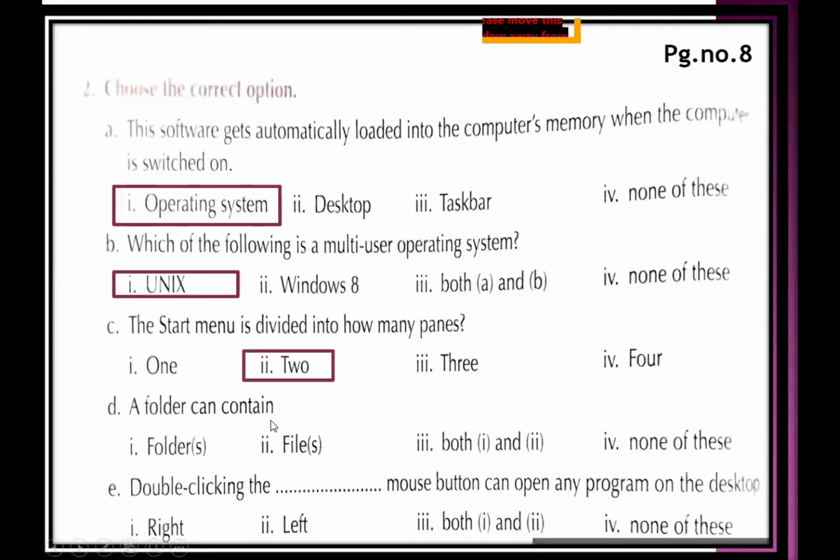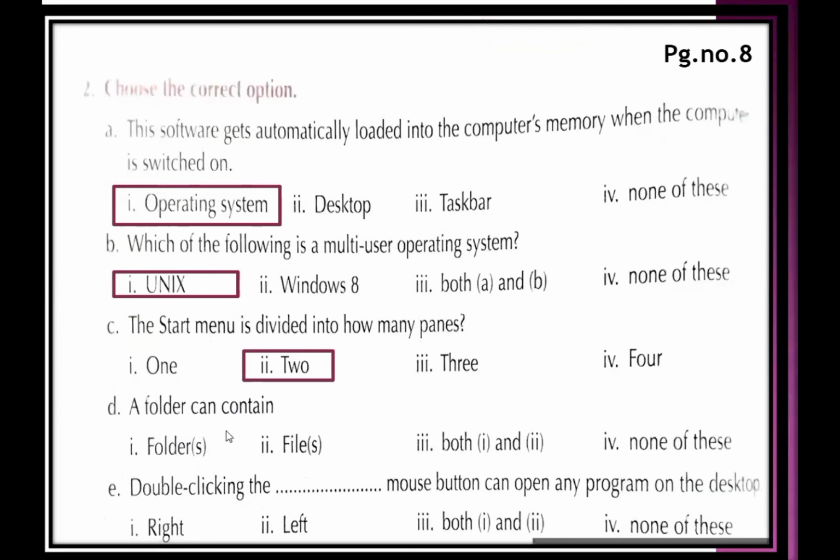Number D: a folder can contain folder, file, both 1 and 2. Folder consists of folder, file or both 1 and 2. Give me your answers quickly.